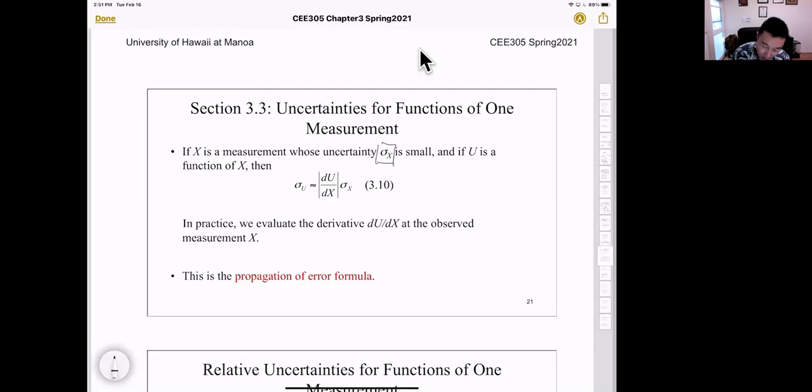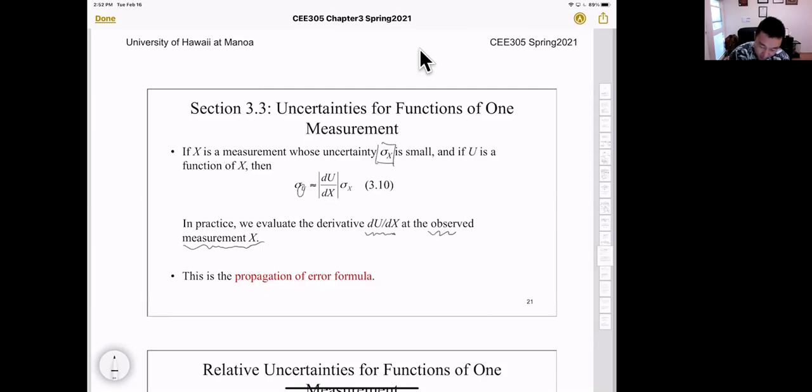Sigma u, where u is a function of x, will equal the absolute value of the derivative du dx times sigma x. When we calculate du dx, we should plug in the observed measurement of x.